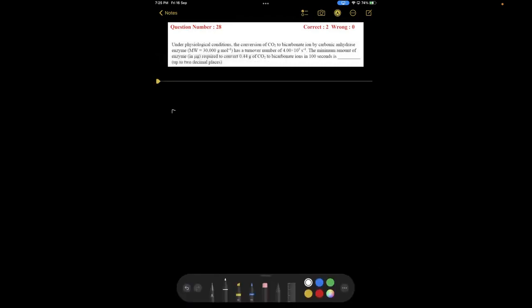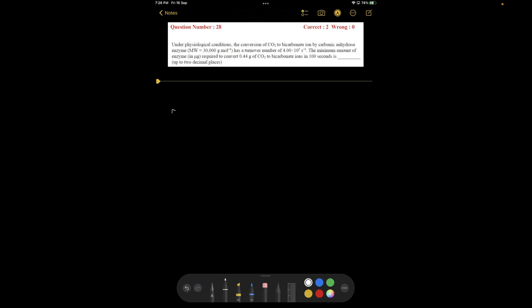Okay, so this is question number 28 from the same 2017 paper, and this is the question about the turnover number of an enzyme catalysis. The question says, under physiological conditions, the conversion of carbon dioxide to bicarbonate ion by carbonic anhydrase enzyme, whose molecular weight is given as 30,000 gram per mole, has a turnover number of 4 times 10 to the power 5 second inverse.